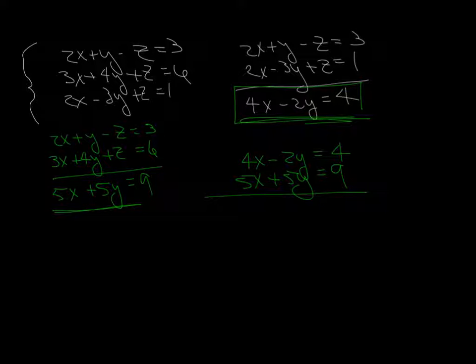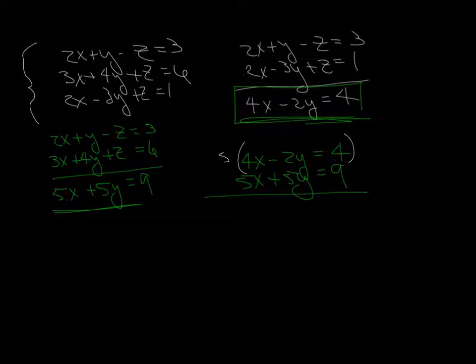Alright, so I need to either get rid of the y's or get rid of the x's. Probably the y's would be easiest because 2 and 5 are smaller numbers than 4 and 5. So I work with smaller numbers that way, but the common multiple is going to be 10.